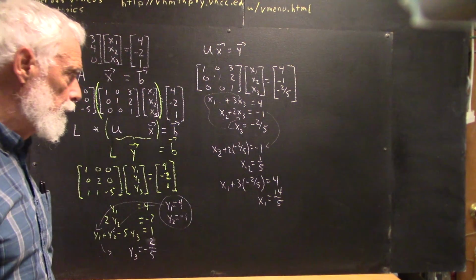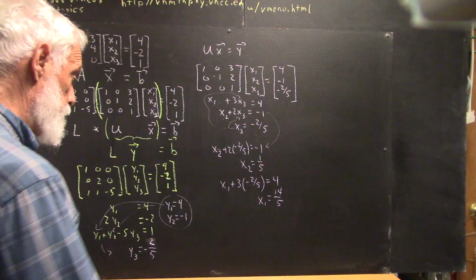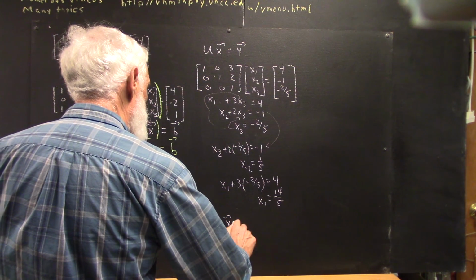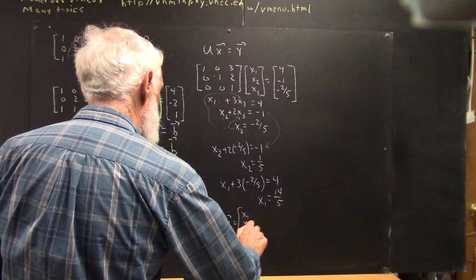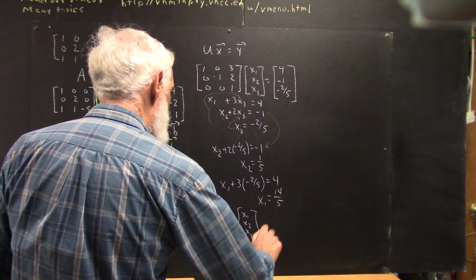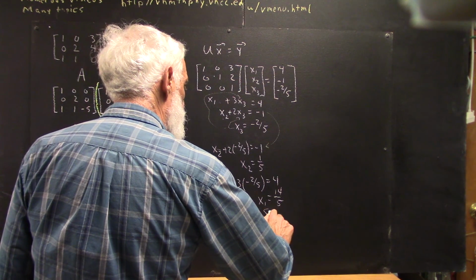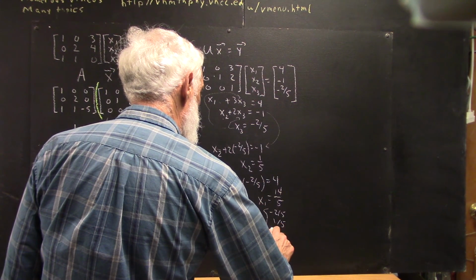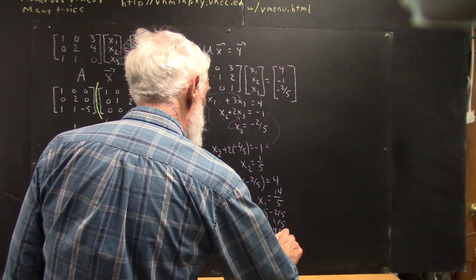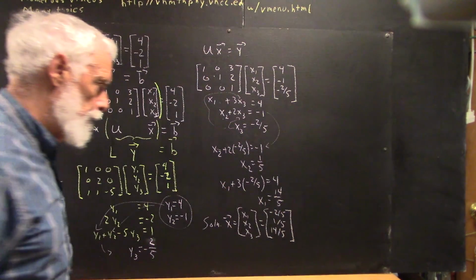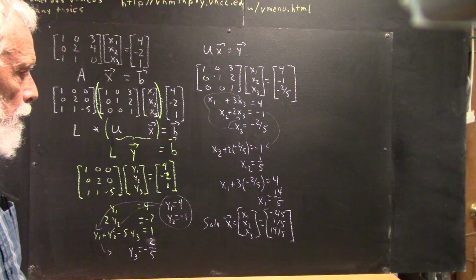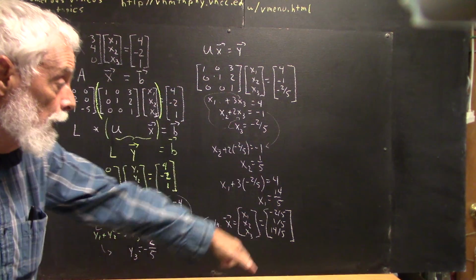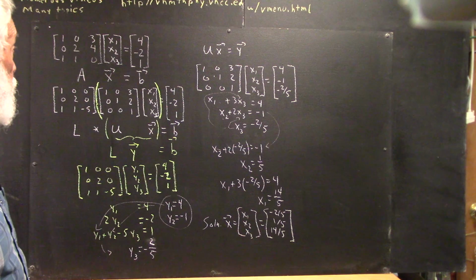And if my arithmetic is correct, then our solution is x, which is equal to the x1, x2, x3 column vector, is equal to negative 2/5, 1/5, 14/5. Now we can plug that in, see if multiplying this matrix by this column vector gives us what I say we get here.